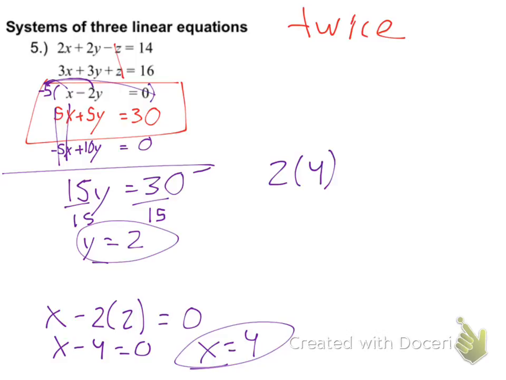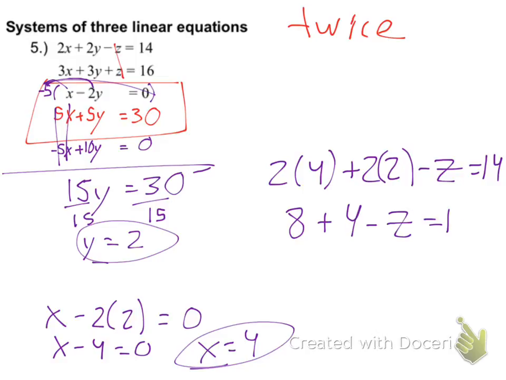2 times 4 plus 2 times 2 minus z, we don't know, equals 14. 2 times 4? 2 times 2? 4. Minus z equals 14. 8 plus 4.